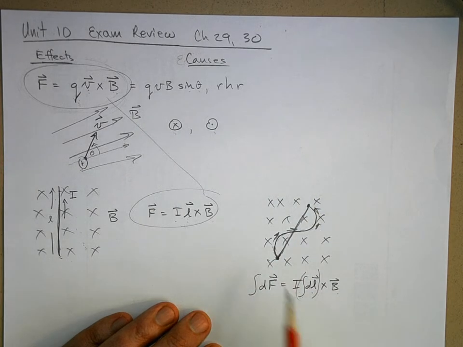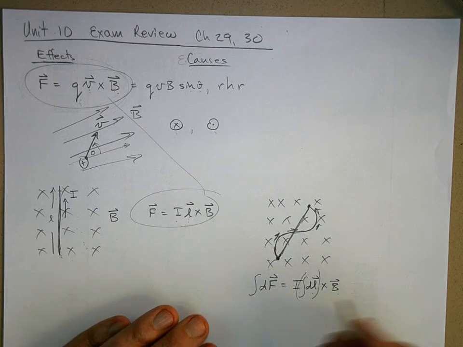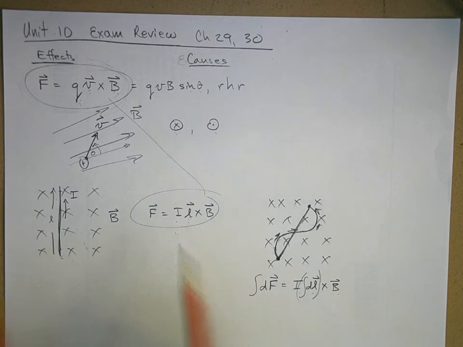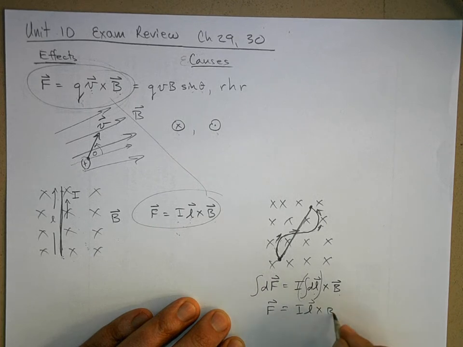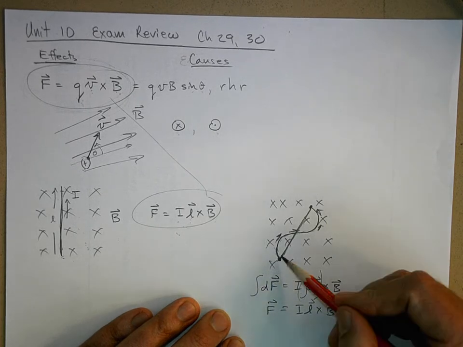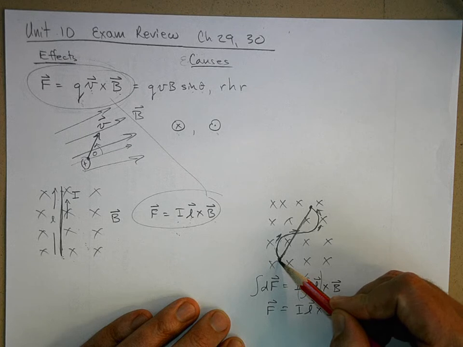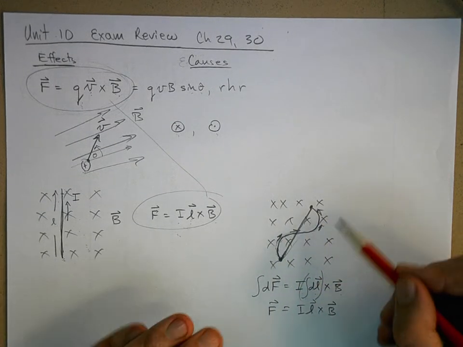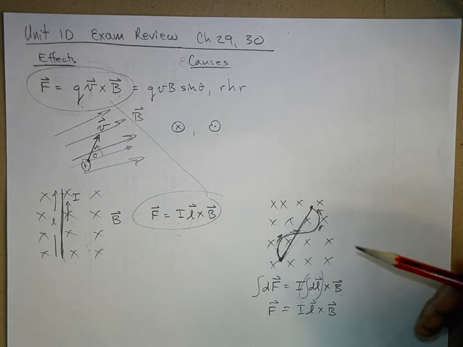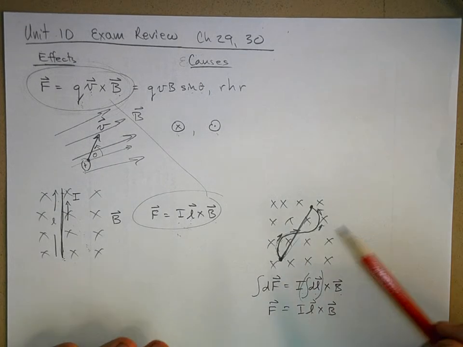So what you get is this equation where the total force is going to be equal to I L cross B, where L is just the total displacement from your starting position to where you finish. So all this winding around didn't really have much of an effect.